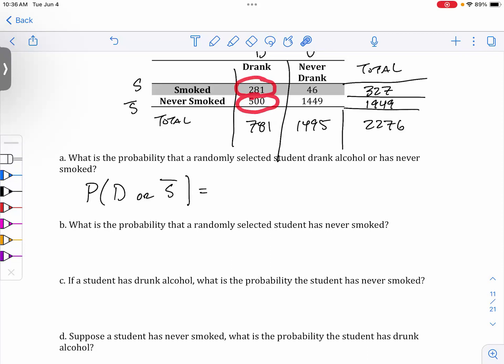Those people drank or never smoked. Those people drank or never smoked. So actually, it's all three of those categories. The only people here that don't count are those ones because they smoked or never drank. And actually, those are the only ones that are excluded in this category.